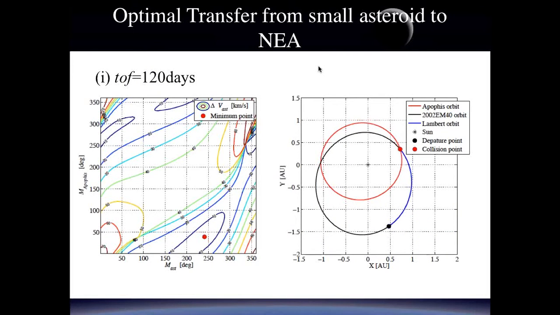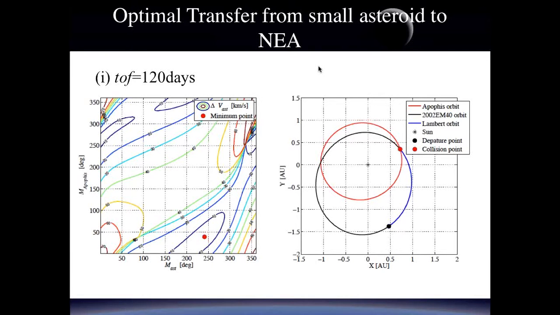This is the result for 120 days of time of flight. The left figure shows the contour plot of total delta V. In the left figure, the vertical and horizontal axes show the mean anomaly of the asteroid and the near-Earth asteroid Apophis. The red point is the minimum point of delta V, and the right figure corresponds to the trajectory for minimum delta V.